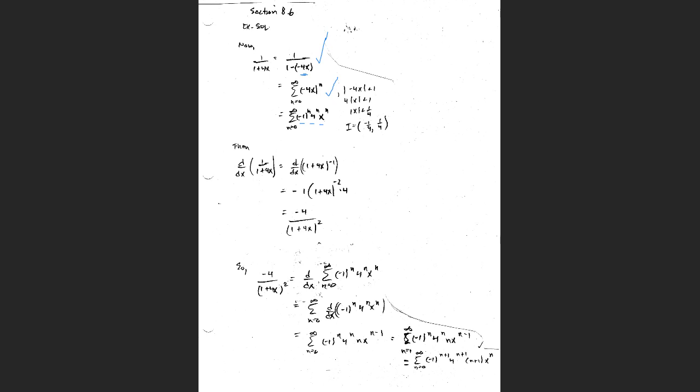Okay, because negative 4x quantity to the nth power is like negative 1 times 4 times x to the nth power. And that's how we get this power series. And that's in the simplest form it can be.